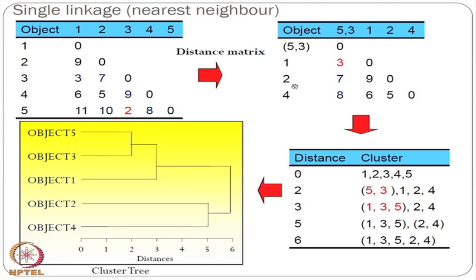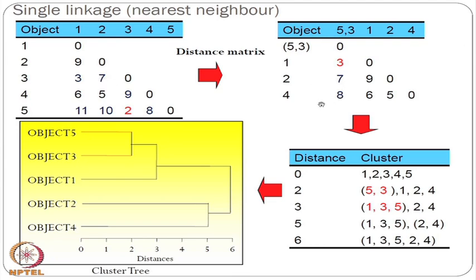So, 5 3 versus 2, that means 2 and 5 and 2 and 3. Now, 2 and 3 is 7, then you require to find out 2 and 5, that is 10. So, the minimum of 7 and 10 is 7.